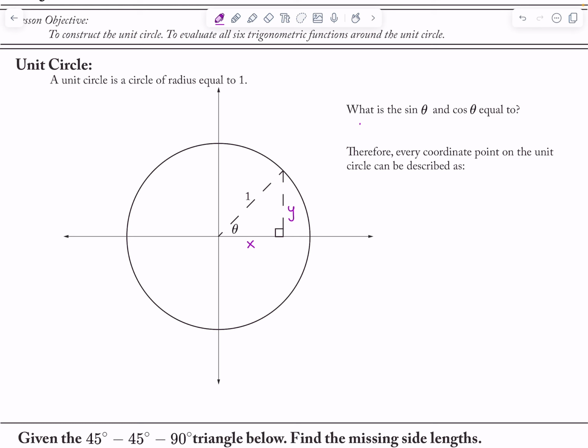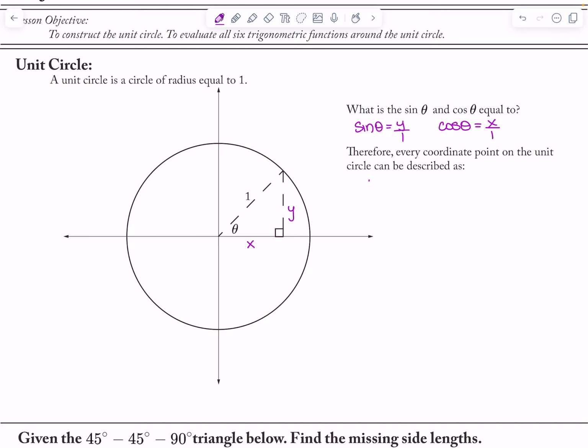Now, if I wanted to find the sine of that angle, sine of theta would be opposite over hypotenuse, which is y over 1. And then my cosine of theta would be adjacent over hypotenuse. Did I say it right? For sine, it should be opposite over hypotenuse, and for cosine, it should be adjacent over hypotenuse.